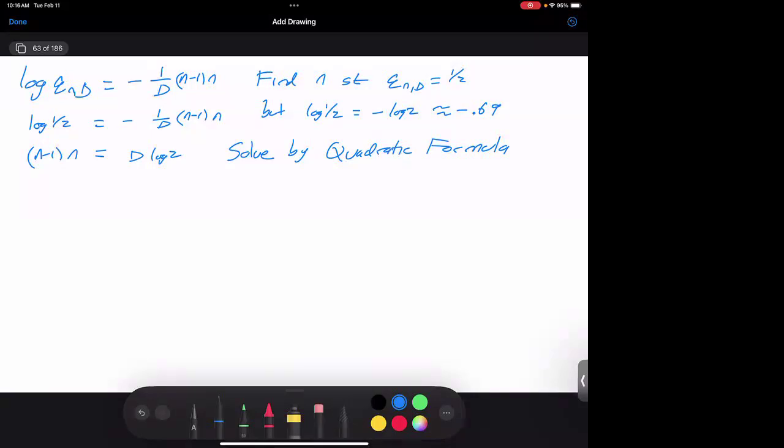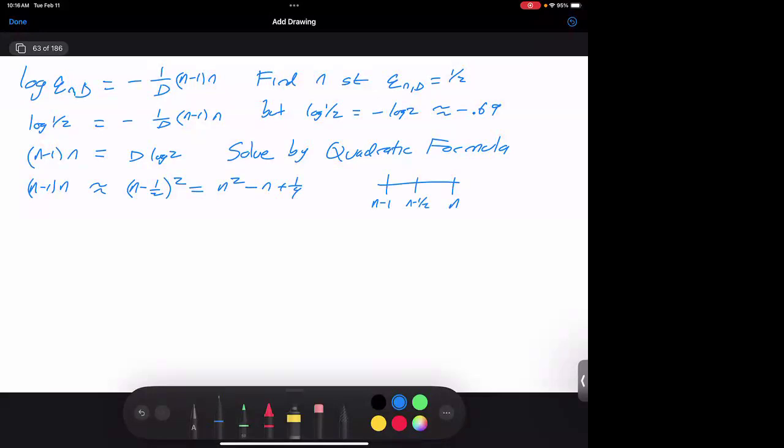What I'm going to do is say n minus 1 times n is approximately n minus 1/2 squared, because that's going to be n squared minus n plus 1/4. That's almost n minus 1 times n. Why did I take n minus 1/2? Well, here is n minus 1, here's n, and n minus 1/2 just splits things in the middle.